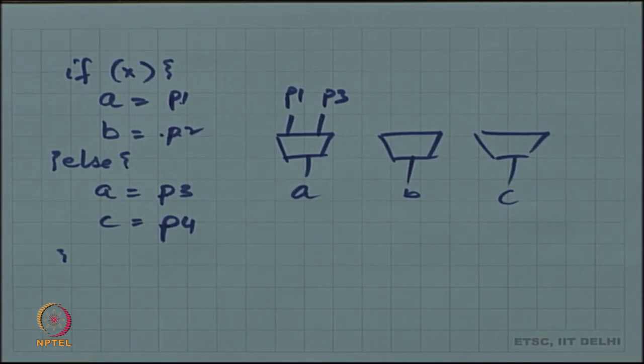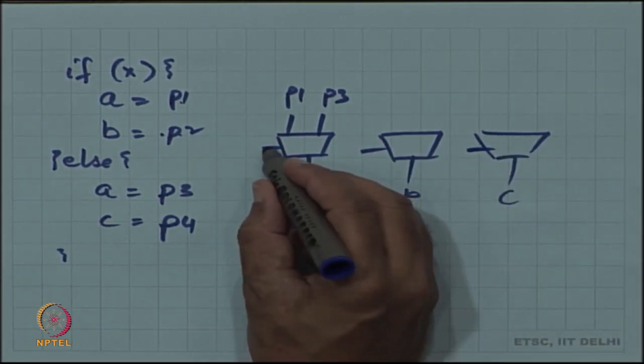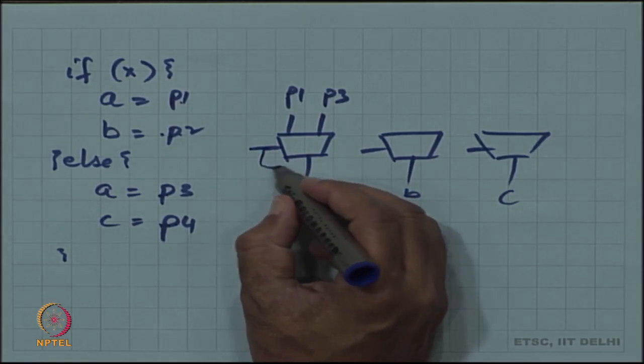But this is a standard delay versus power trade off. This does mean more power because you are evaluating both of them. From a delay point of view, it is okay, you are finally selecting it. So, that select signal is the same in all the cases.